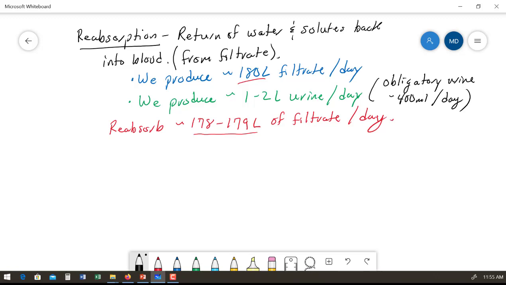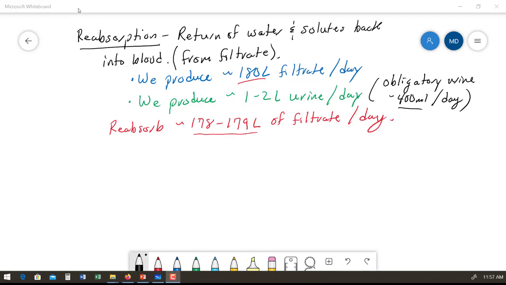So every single day, just to handle your nitrogenous waste, you need to make at least 400 mils per day. Now we produce about 1 to 2 liters because we drink quite a bit of water, so it helps to dilute that out. But if you're stuck in the desert and you don't have any water, you're still going to be peeing about 400 mils of fluid out per day that you're going to have to replace sometime in some way.